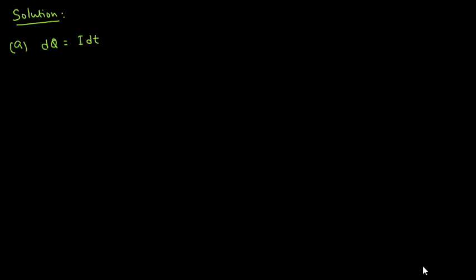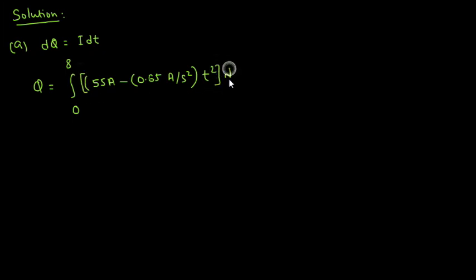Therefore q is equal to the integral from 0 to 8, since to find the charge, the lower limit will be 0 and the upper limit will be 8, of the given equation, that is 55 A minus 0.65 A per second square, t square, dt.